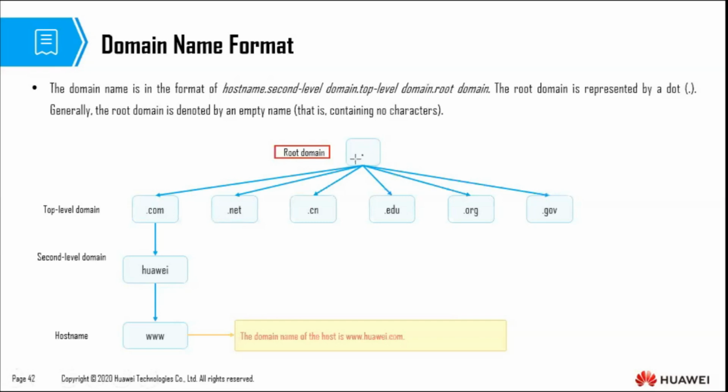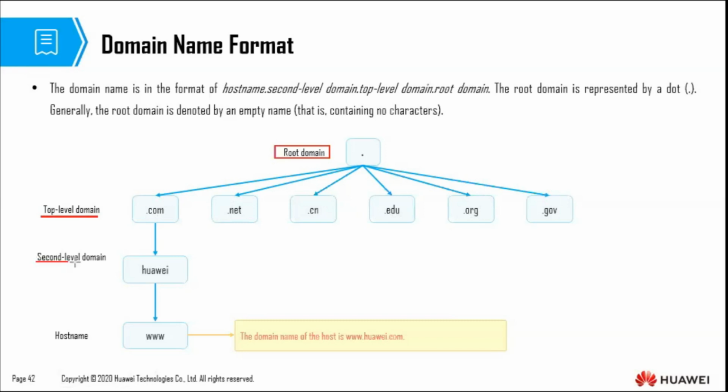The root domain is normally depicted by the dot. After the root domain, then we have the top level domain. The top level domains are global domains like .com, .net, .edu for education, .org for organizations, .gov for governments. So that's what we call TLD, the top level domain.